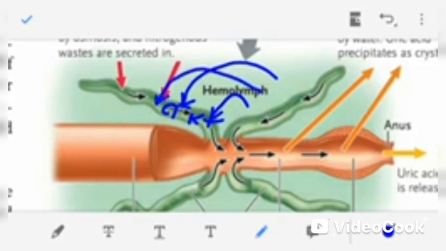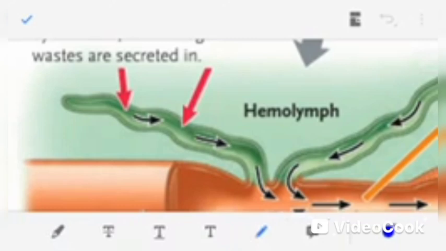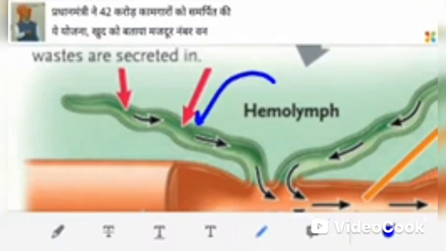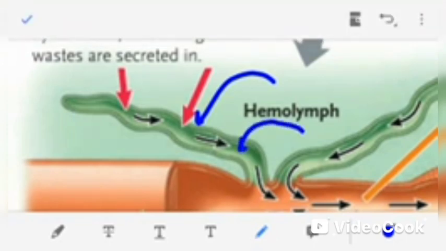Now from the hemolymph, organic waste, for example nitrogenous waste, uric acid, enters into this Malpighian tubule. So K plus is there in the Malpighian tubule, second Cl minus is there, then water is there, and now organic waste, nitrogenous waste, uric acid is there.